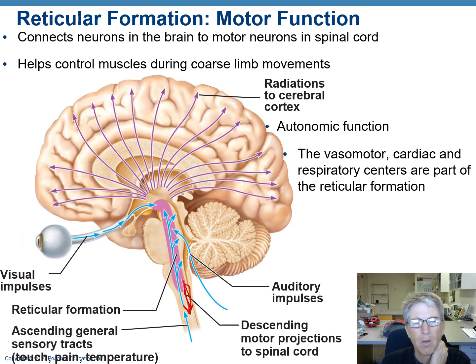It helps control muscles during coarse limb movements, not fine limb movements, but coarse ones. It has an autonomic function, so we'll look at it again in the autonomic nervous system. Within the reticular activating system, you find the cardiac centers, the vasomotor centers and the respiratory centers. Remember, we found those in the brainstem.